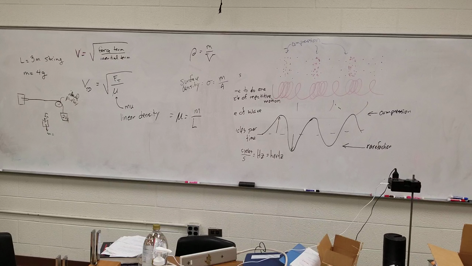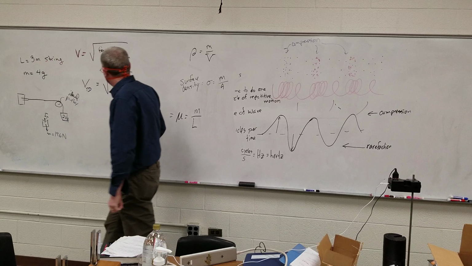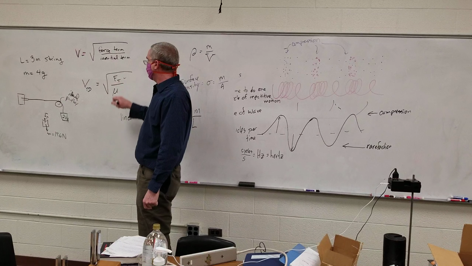So the weight is 2 times 9.8, or 19.6 newtons. So if this is in equilibrium, then the tension would also be 19.6 newtons. So I know the tension now.